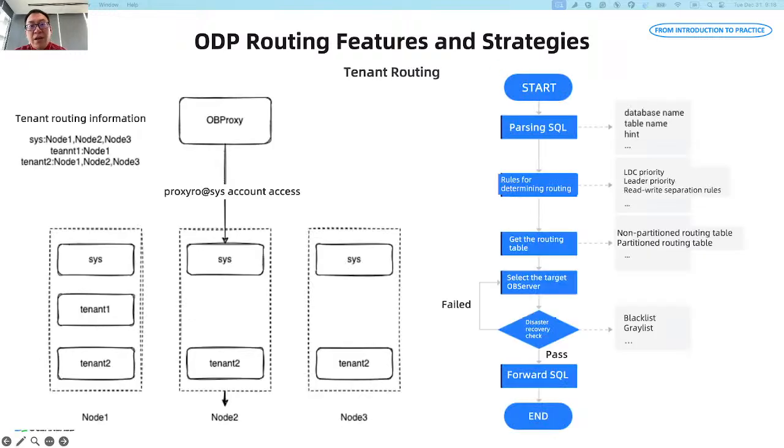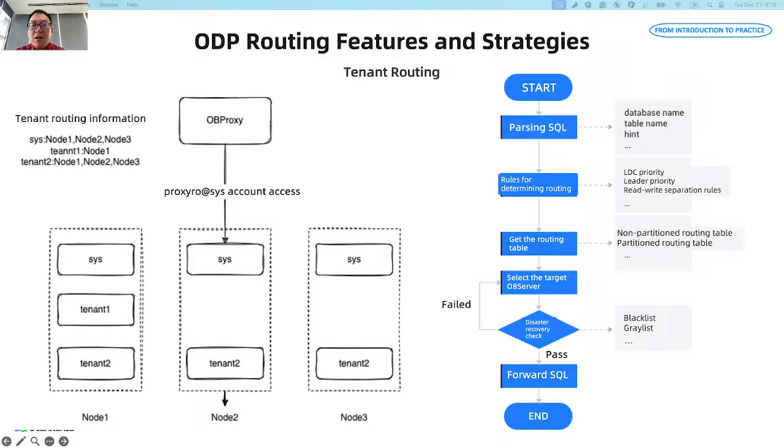After ODP completes the cluster routing, it can obtain the RS list of the cluster. Taking the sys tenant as an example, ODP will log into a machine in the RS list and obtain all the node information of the cluster through the OB servers.